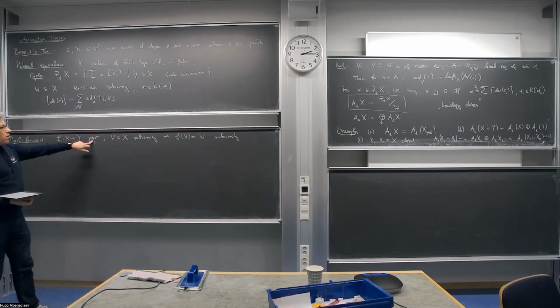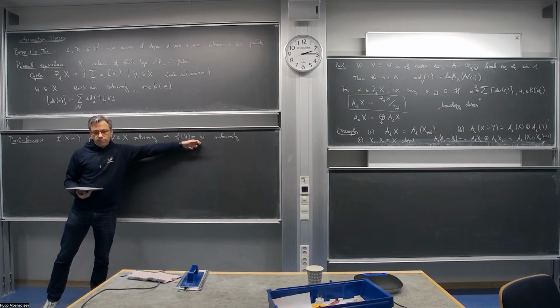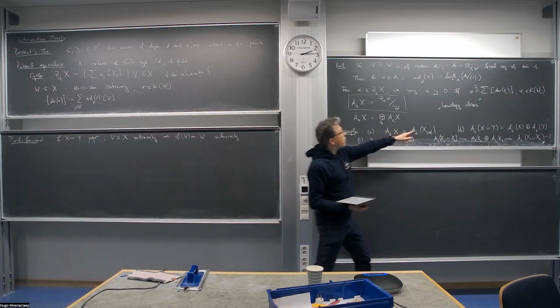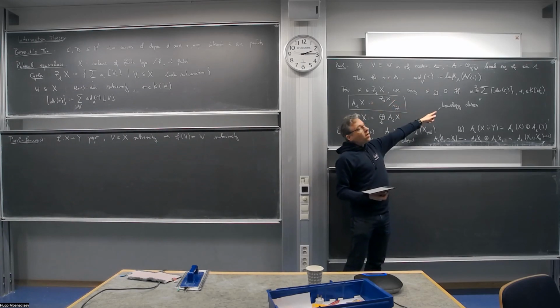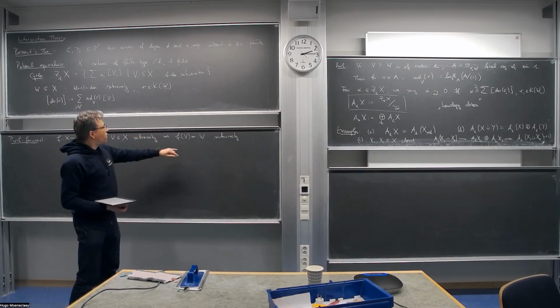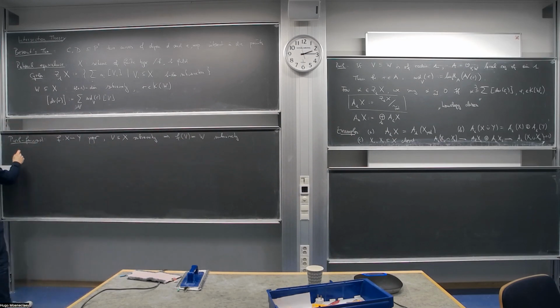But this is not enough to define the push-forward map, because the dimension can go down when we take the image. And if we view this as homology classes, K should not go down by pushing forward. So the idea is just to throw out the things that have the wrong dimension.